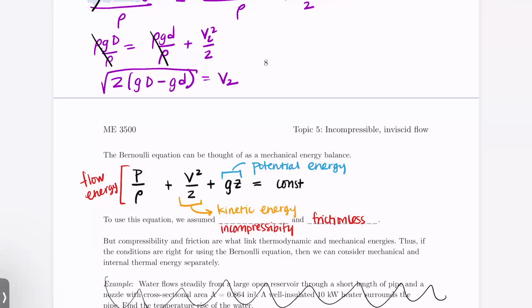So if the conditions are right for using the Bernoulli equation, then we can consider mechanical and internal thermal energies separately from each other. That's kind of cool. All right. And that is the end of this unit. So it's kind of a short one, hopefully a gentler one than the one before it.